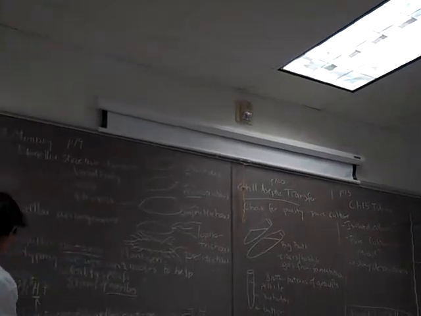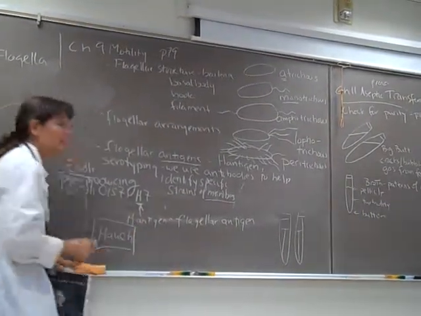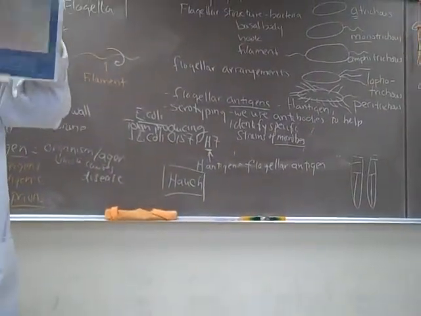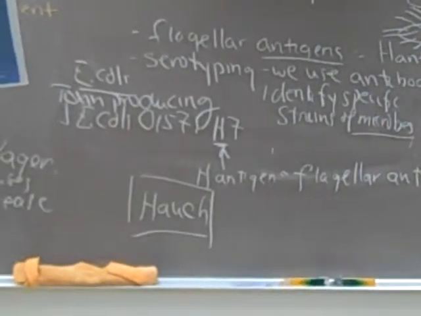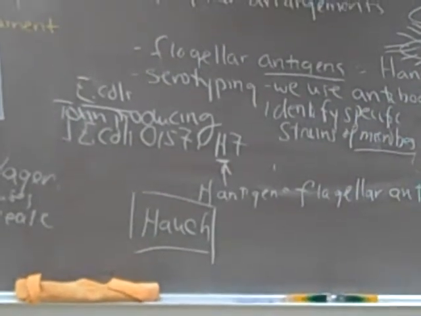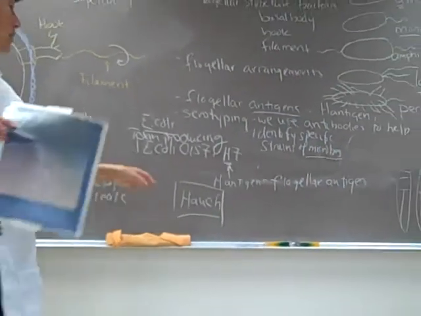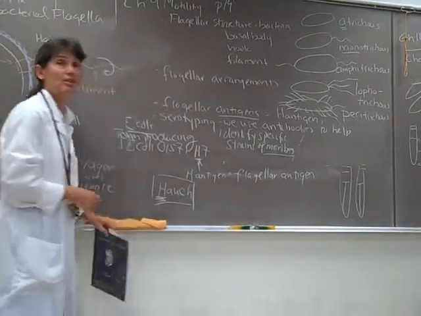So they wanted to figure out what permitted the bacteria to swarm over the surface of the plate, giving this breath-like or Hauch-like appearance. And they soon identified it was the presence of flagella that permitted the bacteria to swarm over the plate. So historically, the flagellar antigens have been named the H antigen, the Hauch antigens, right?